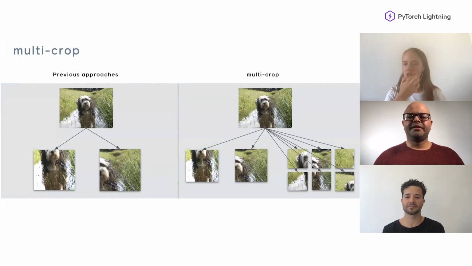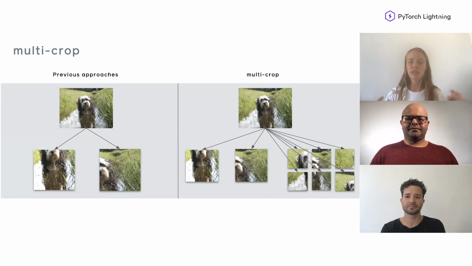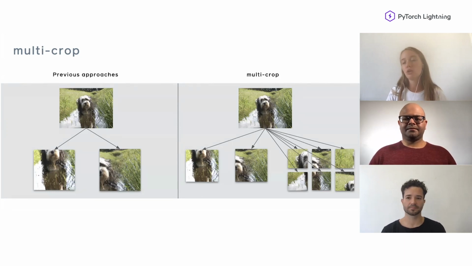Was using small crops due to computational cost, or was it based on the intuition that an image is a sum of its parts? It's both. You want to map small parts to a more global view, and it also has the advantage of low computational overhead.